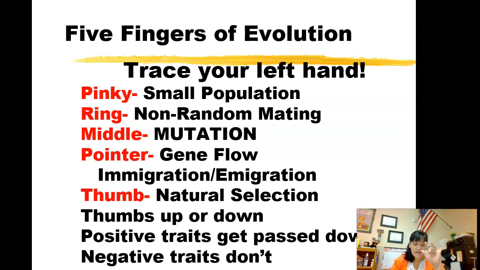Mutation, okay, that is the M. So how I remember this is, it's your middle finger, first of all, right? You can remember the M for middle finger, or if you bring it down, you go up, down, it looks like an M, okay? So middle finger, mutation.